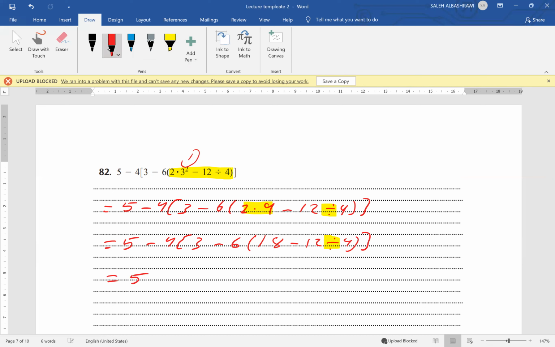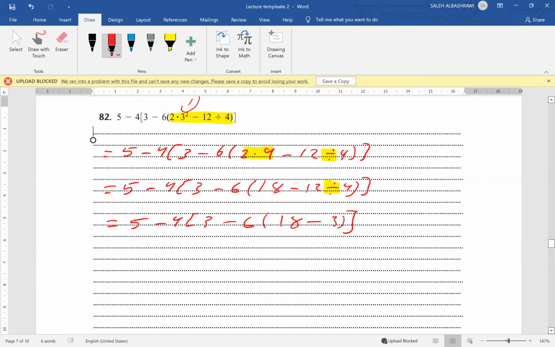So this will give me 5 minus 4 multiplied by 3 minus 6 multiplied by 18 minus 12 divided by 4, which is equal to 3. Next, still simplifying the parentheses, 18 minus 3 is equal to 15.